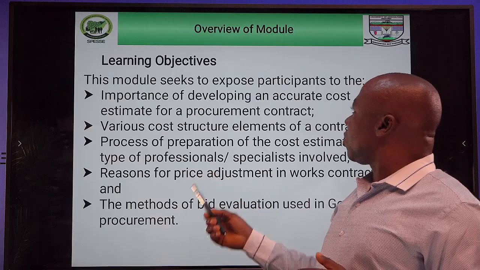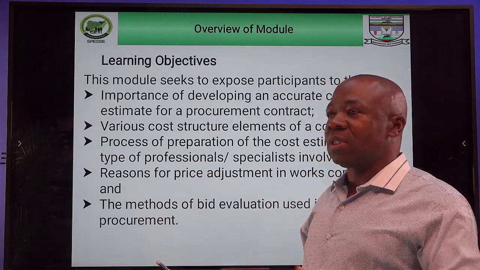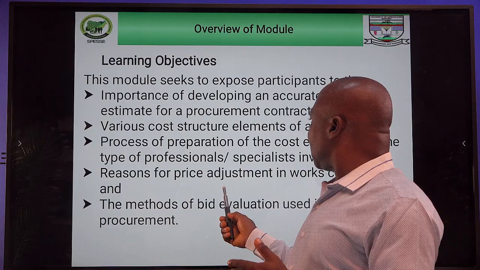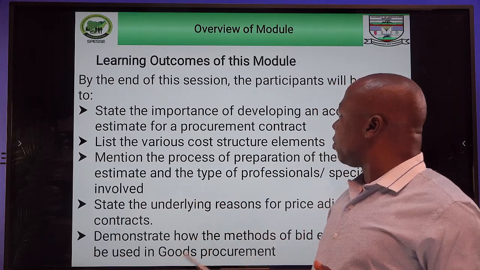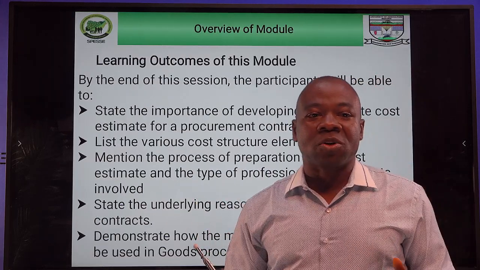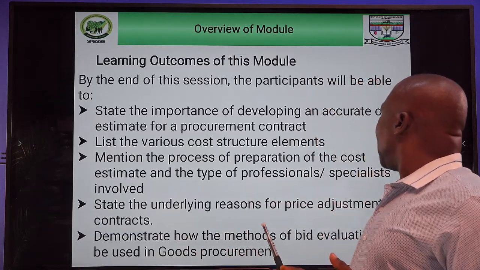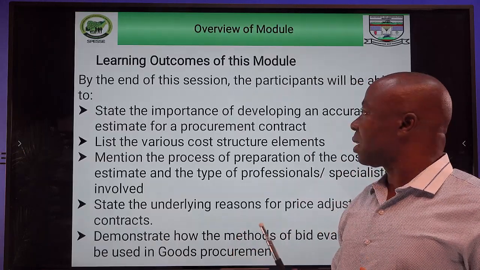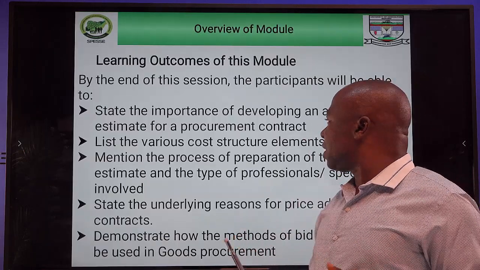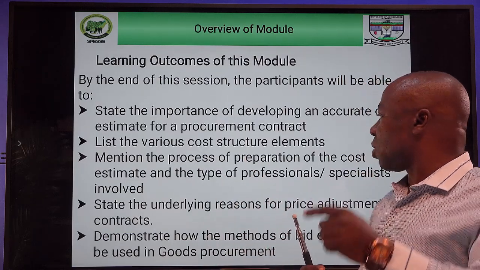Then the cost overview, the objectives are stated in line with the 6 cost outline that we gave you. The expectation from us at the end of this course is for us to be able to state how one can develop accurate cost estimates in the course of a procurement contract, as well as list the various elements that make up a cost structure.